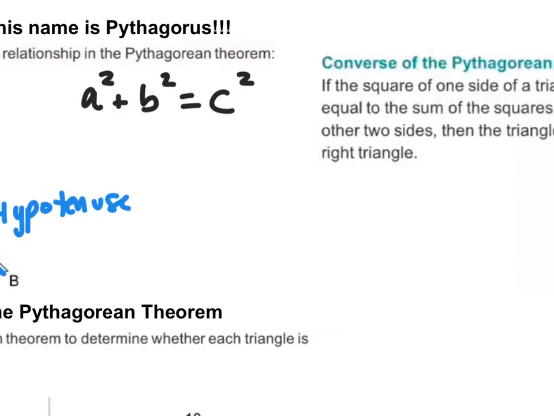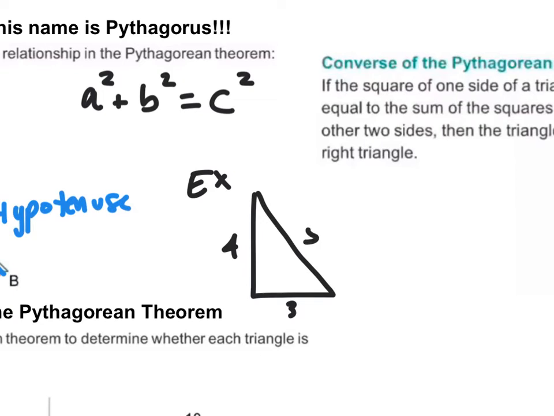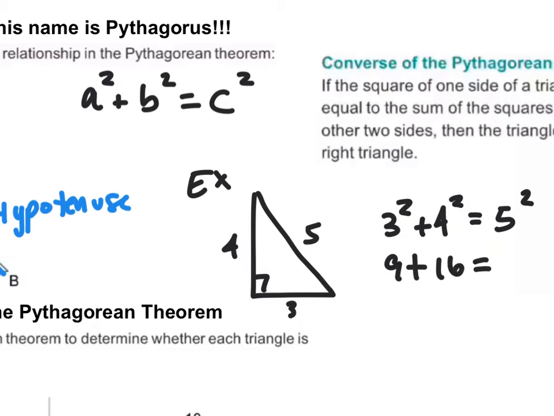An example would be the most basic triangle, a 3, 4, 5 right triangle. If I take 3 squared and add it to 4 squared, it's going to give me 5 squared. So 3 squared gives you 9, 4 squared gives you 16, 5 squared gives you 25, and 9 plus 16 gives you 25.